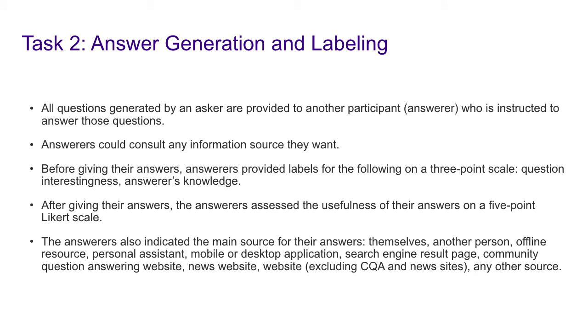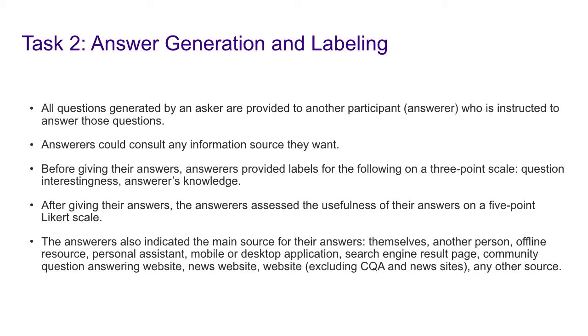In the second task, the questions generated by an asker were provided to another participant, who provided an answer for each of those questions. The answerers could consult any information source they want when creating their answers. The answerers, together with their answers, provided some additional information, such as their interest and knowledge about the question, as well as a usefulness score they estimated for their answer.